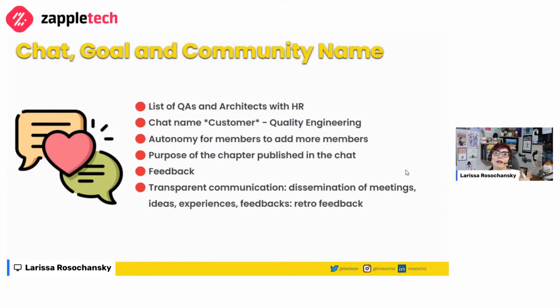Then we actively listened to the members, and we started to bring something as well, always with transparent communication. We did the dissemination of meetings, ideas, experiences, feedback, and retro feedback as well. So we started to put the meetings together and to talk: what do you think we should bring here?